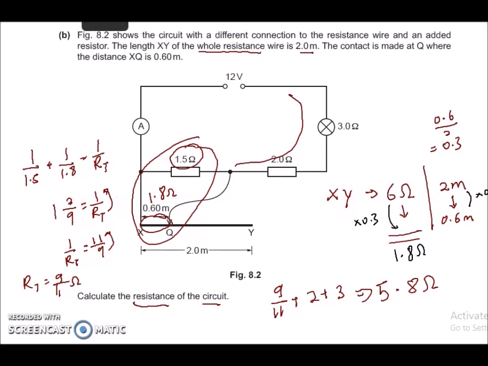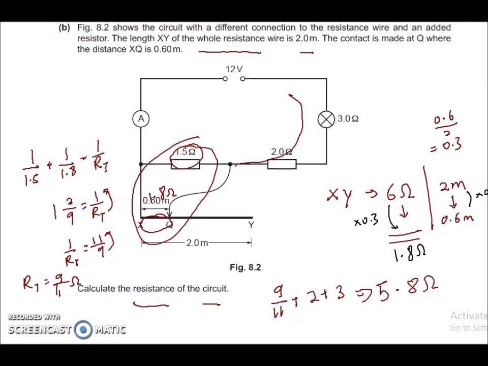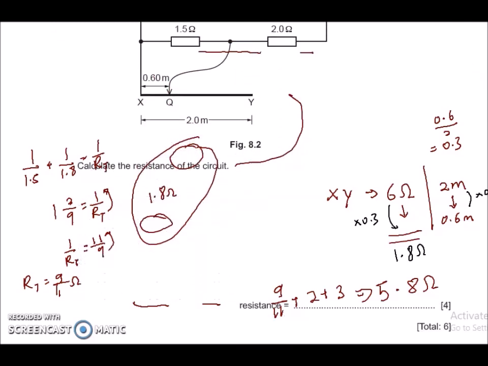Yeah, you got the 5.8. So your total answer here will be 5.8. That is your 4 marks over here. So you already get your 4 marks here. Okay, next we will move to the next question over here.